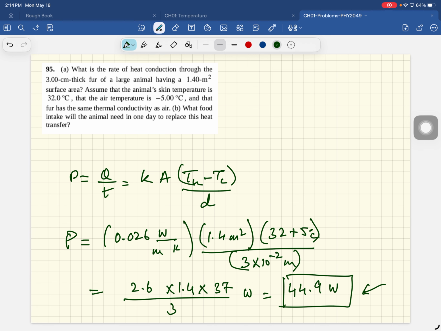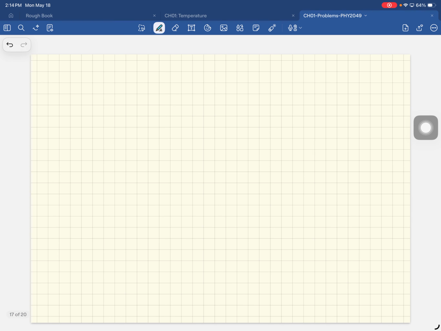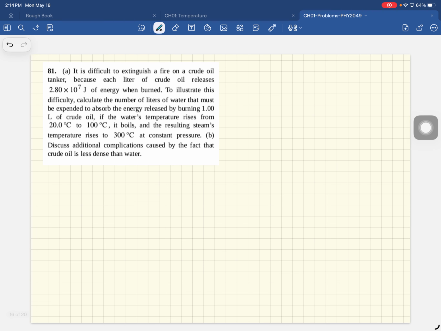The density of water is 1 kg per liter, so 9.35 liters. So to put out the fire from 1 liter of oil burning, you need about 10 liters of water, and that gets converted to steam.